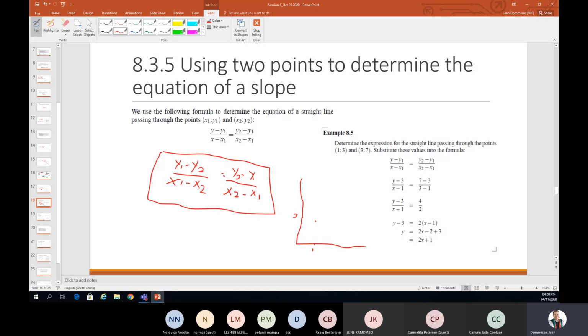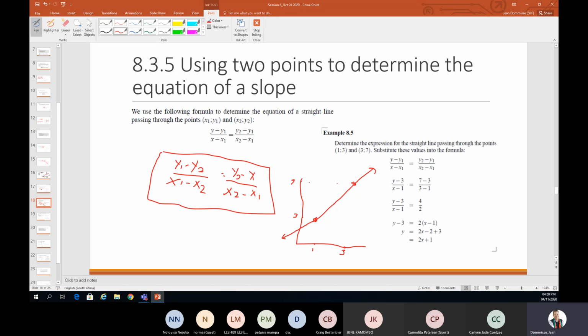So that point is (1, 3). Then at x equal to 3, there's a point 7. So my graph is going through there. And basically, I have 2 points.